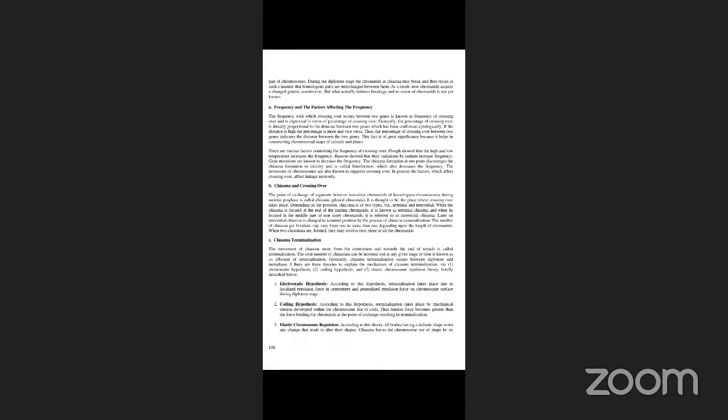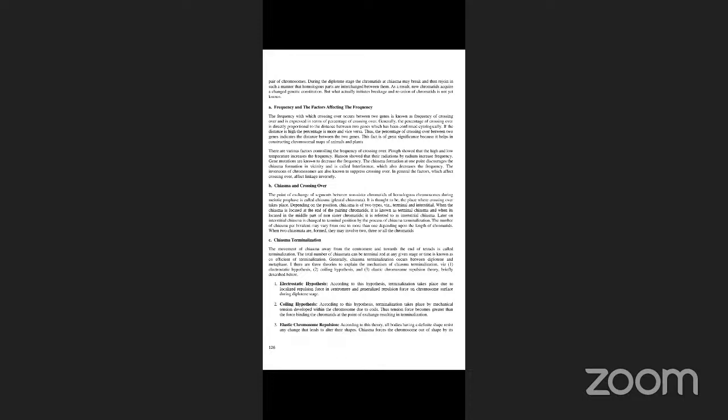So there are various factors which control the frequency of crossing over. Plough showed that high and low temperature increases the frequency. So, temperature. Then Hanson, these are scientists, okay? They showed that radiation by radium increases frequency. Then gene mutations also decrease the frequency. Chiasma formation at one point discourages chiasma formation at another point in the near vicinity.